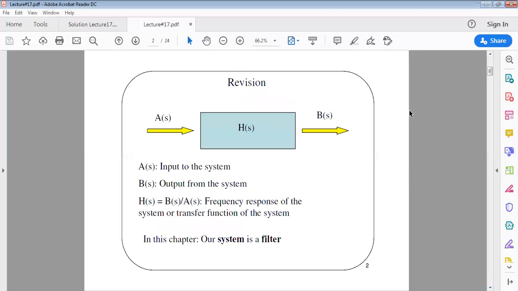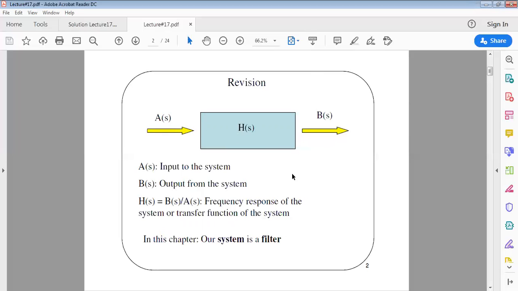So this is a revision on the filters. Basically, if you can recall back, we have learned about the filters in chapter 3 when we learned about the Fourier transform. So for the transform, one of the applications that we have learned is on the filters. Going back to this diagram, if we have a system of H(s), we have the input of A(s) and the output of B(s).